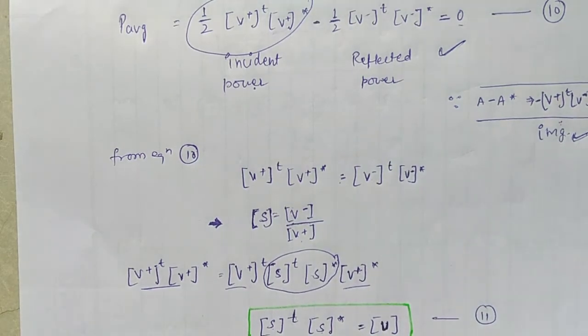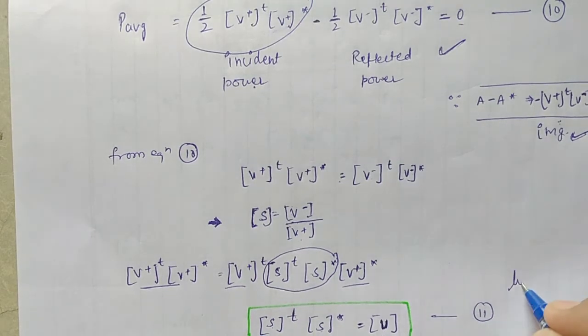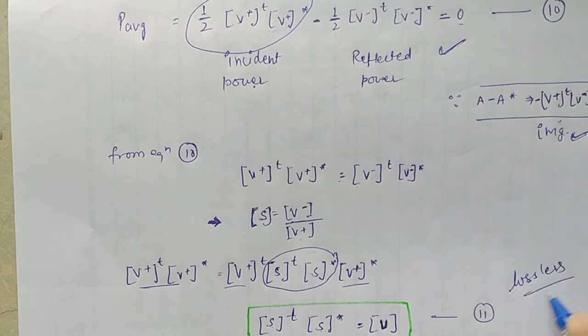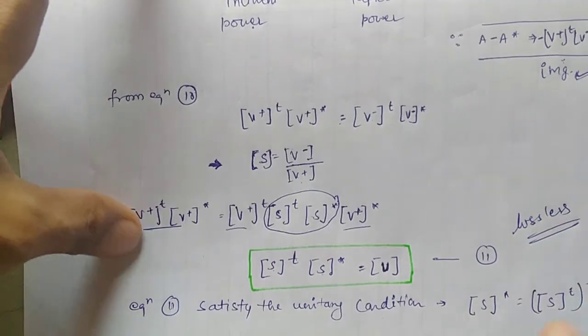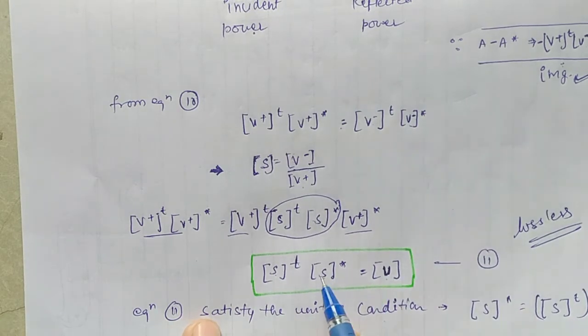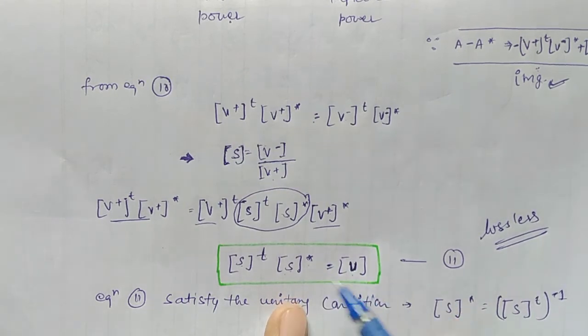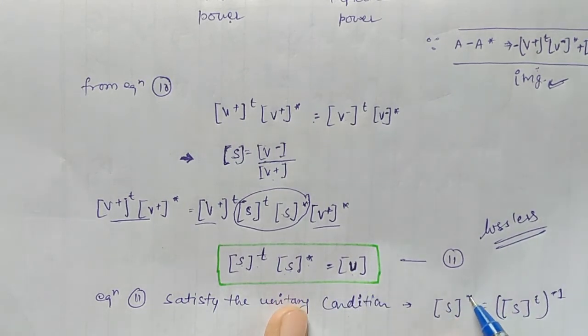From here we can see, if this condition is satisfied, then we can say the network is lossless. And when it is satisfied, this is unitary, so S conjugate should be equal to S transpose inverse.